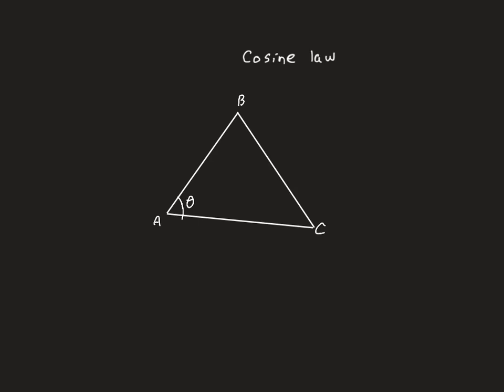So let me use a different color here. I'm going to use different colors for the things that we do know. So I know my angle, I know this side, and I know this side. But how would I find that side?